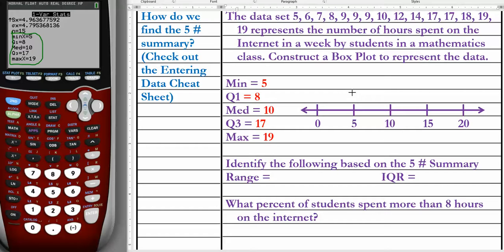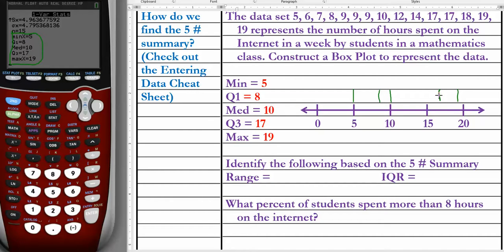My minimum is at 5, so I drew my line. Then my first quartile is at 8, so I need another line about right there. My median is at 10. My third quartile is at 17, so a little bit above that 15. There we go. And finally the maximum at 19, so almost all the way to 20.